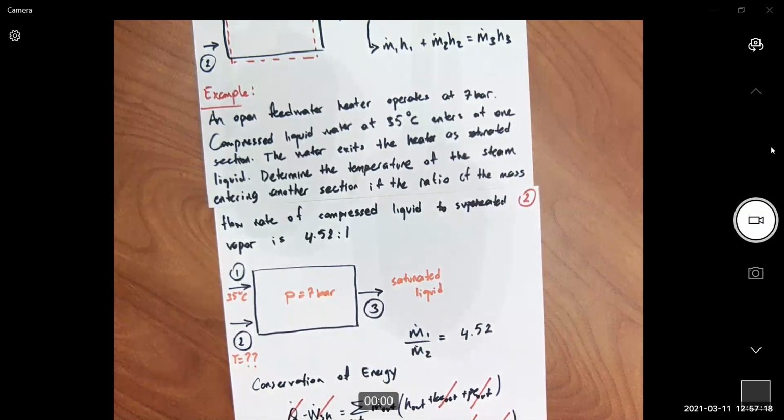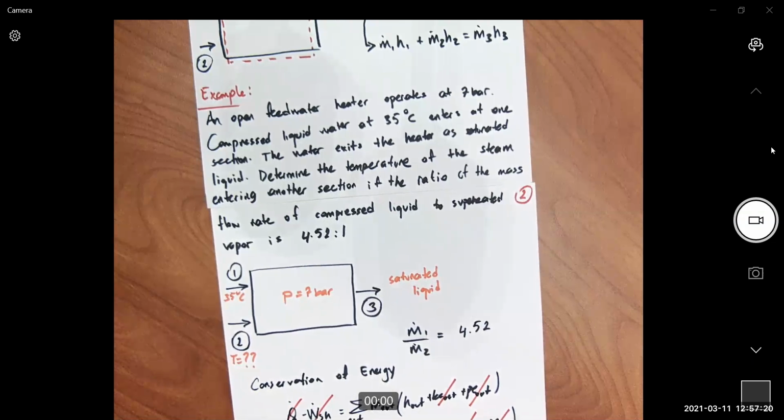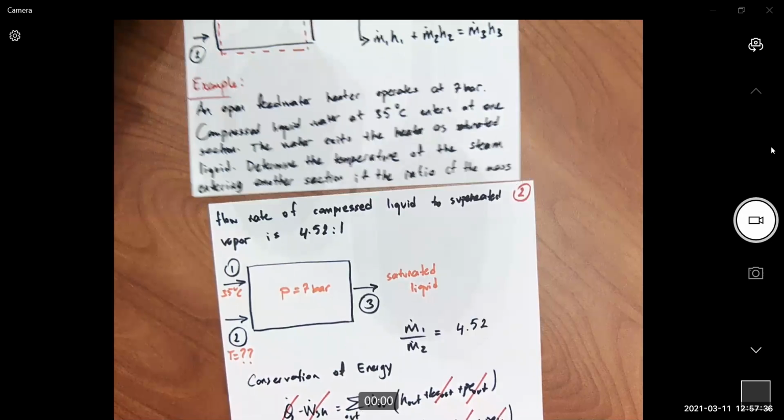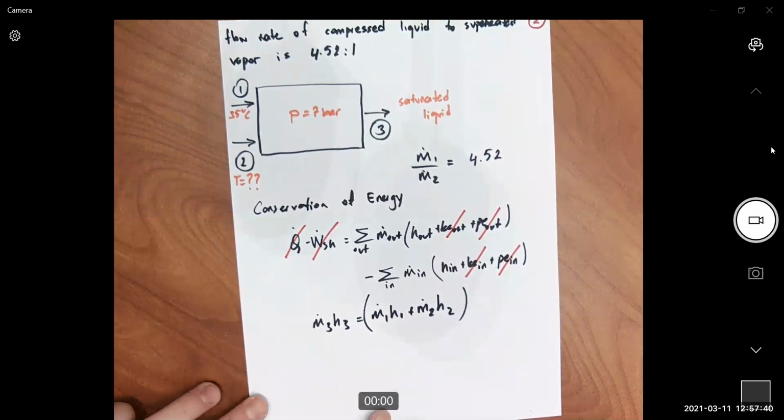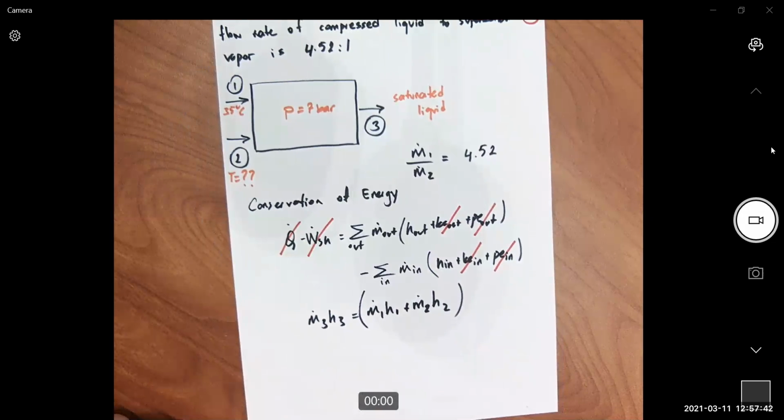So what I'm left with, right? M3H3, okay? equals M1H1 plus M2H2.